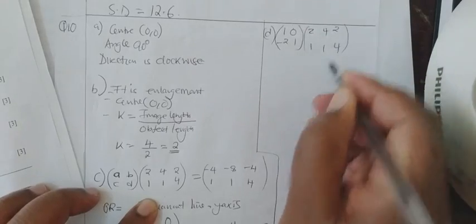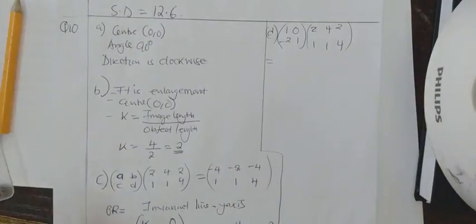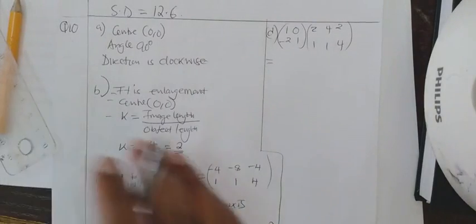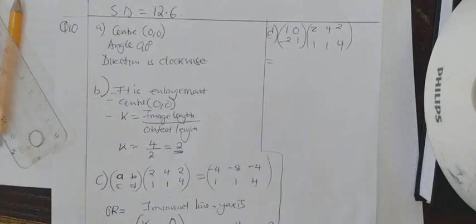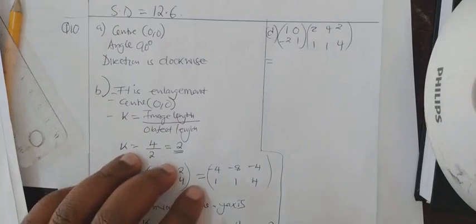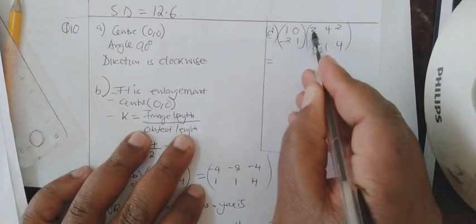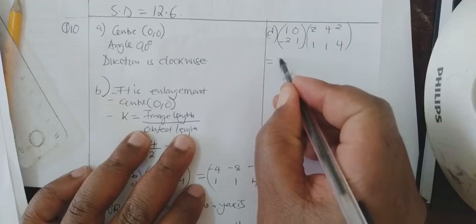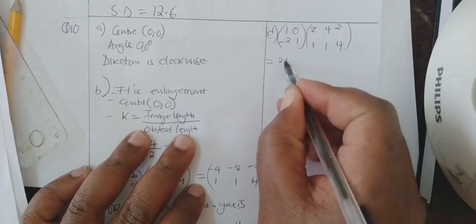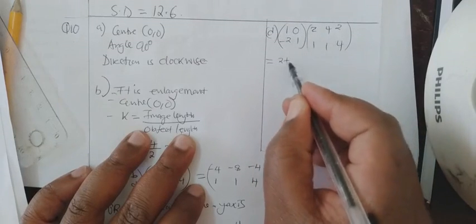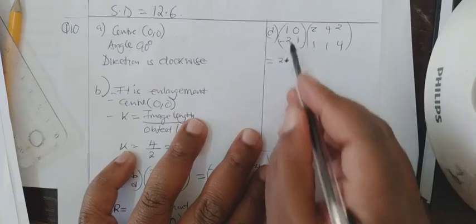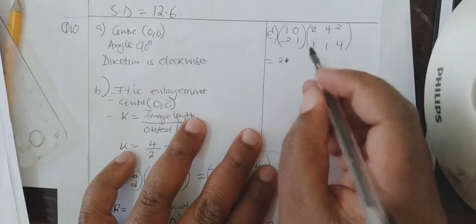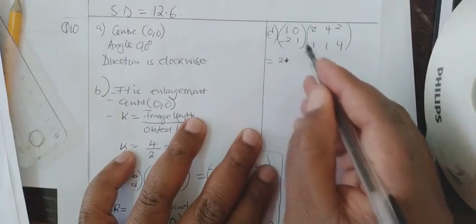When we multiply, what do we get? We are going to say 1 times 2 is 2, plus this times that is 0, so we can just maintain the 2 here. Then 1 times 4 will be 4, and 1 times 2 will be 2. Because of the 0, ignore the numbers down.